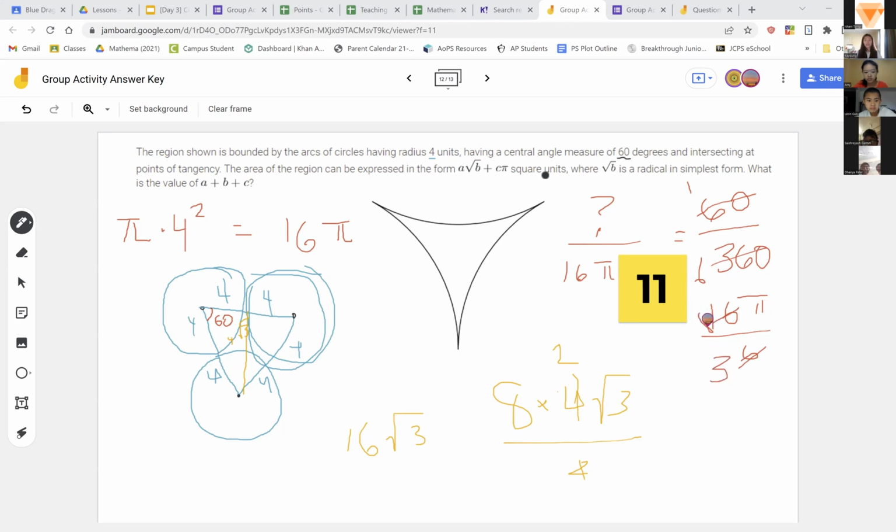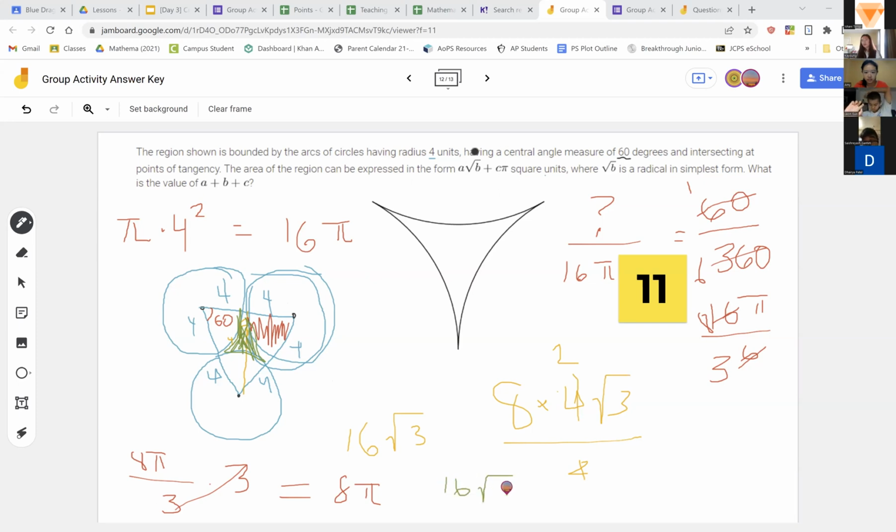Now we have 8 pi over 3 as one of these sectors. Since there are 3 of these, we multiply 8 pi over 3 by 3, which gets rid of the 3 at the bottom, so now we get 8 pi. The area of this green region in the middle is equal to the area of the triangle minus the area of the sectors, so it's 16 radical 3 minus 8 pi.